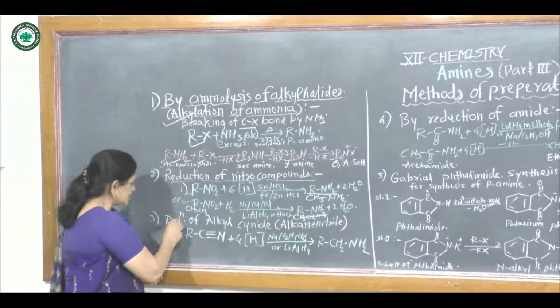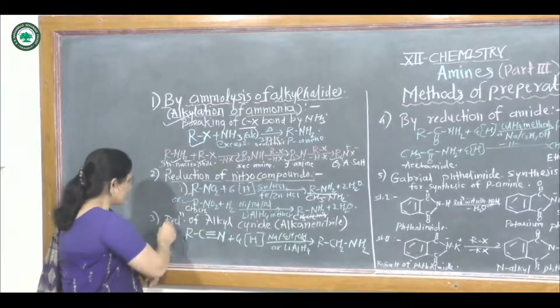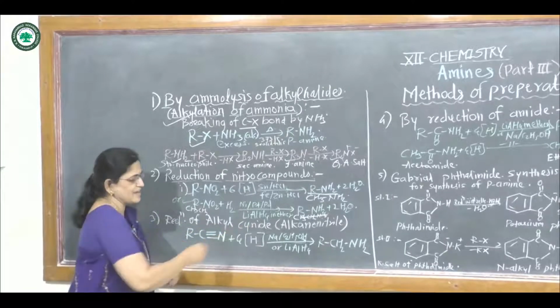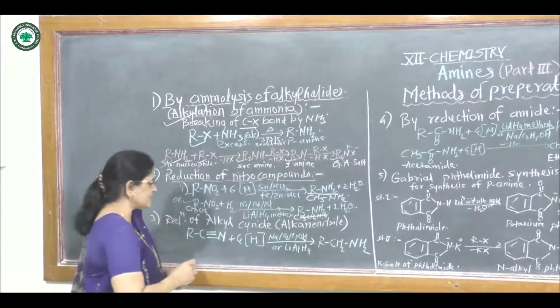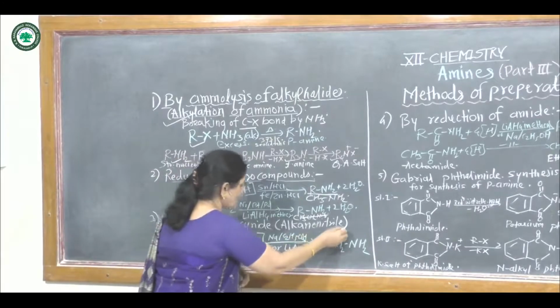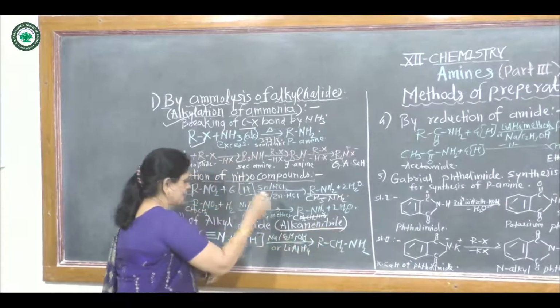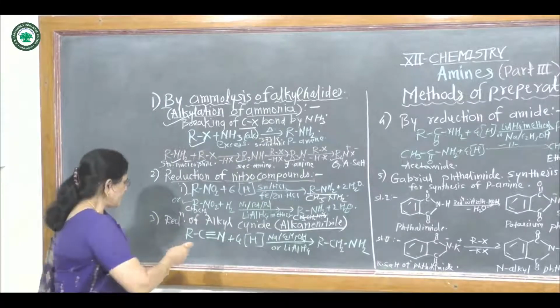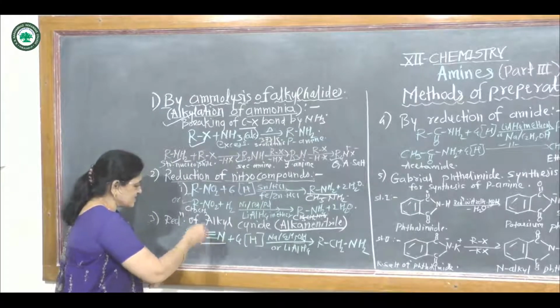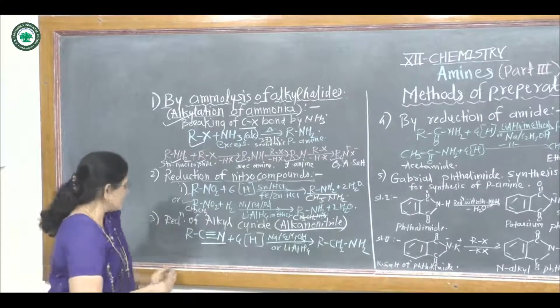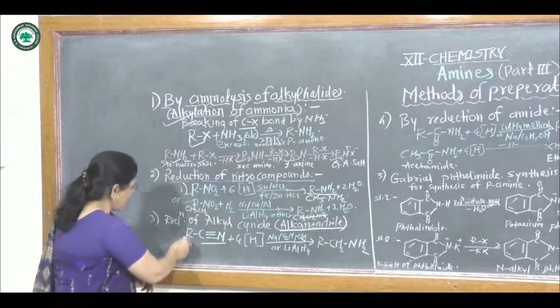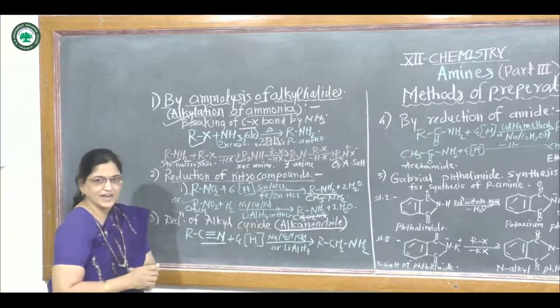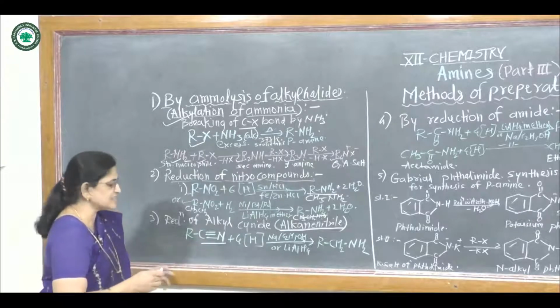Then the third, also a reduction method, is reduction of alkyl cyanide, also called alkane nitrile. The functional group of cyanide is CN, C triple bond N. The general reaction is R-C triple bond N, called alkyl cyanide.